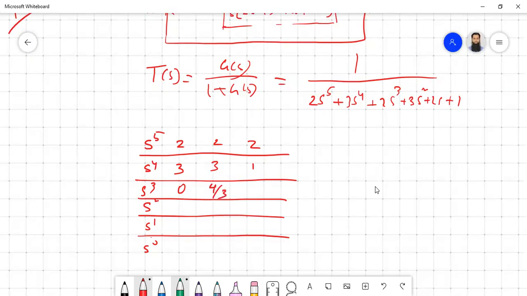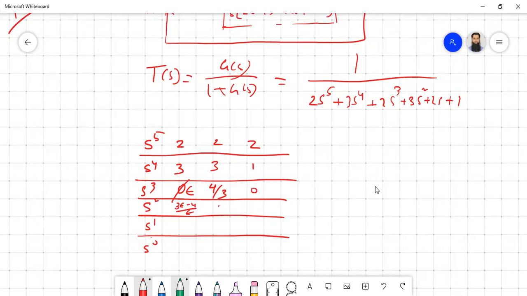So you know what we have to do. Either we have to assume an epsilon, or we have to reverse the order of the coefficients of the characteristic equation. So if this is the case, then it is 3 epsilon minus 4 divided by epsilon.